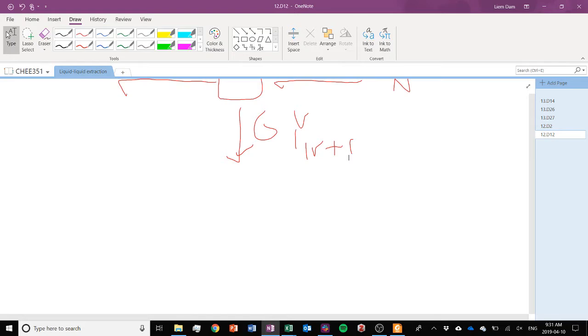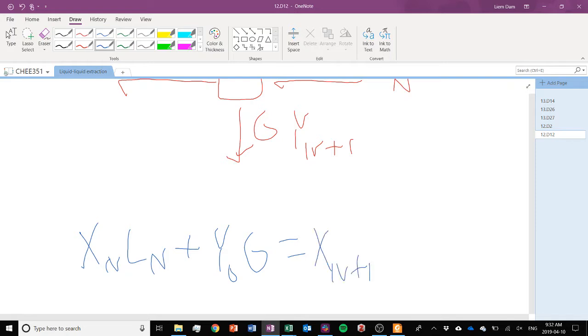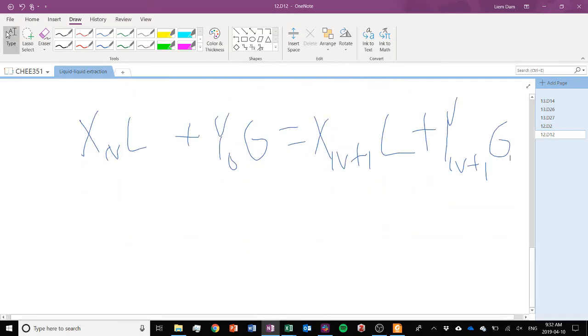Now, let's do a component balance here. The inlet streams are Xn times L plus Y naught times G, which is equal to Xn plus 1 times L, and there's no n on the gas flow because all the streams are the same, plus Yn plus 1 times G. For the operating line, we want to solve for Yn plus 1.